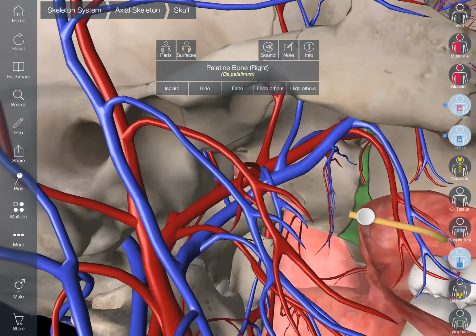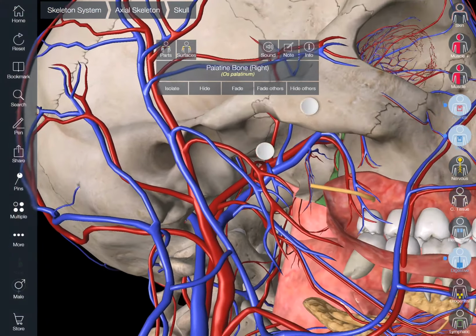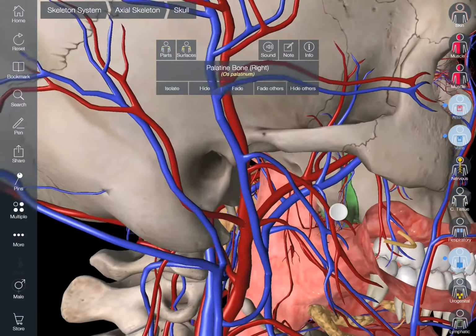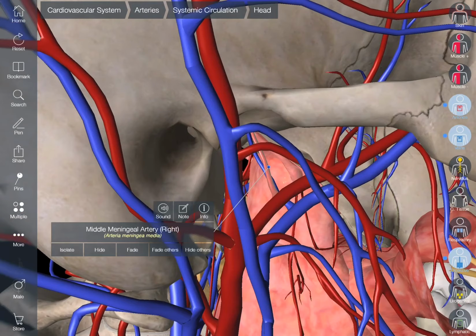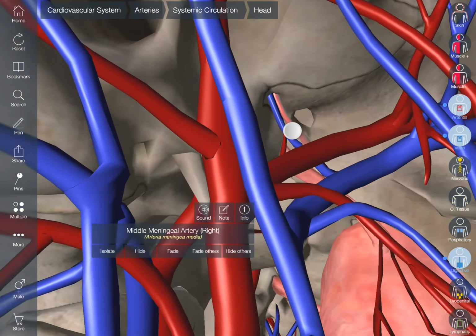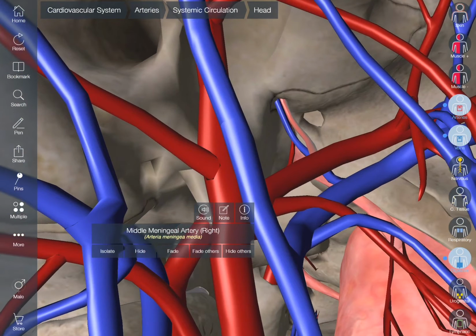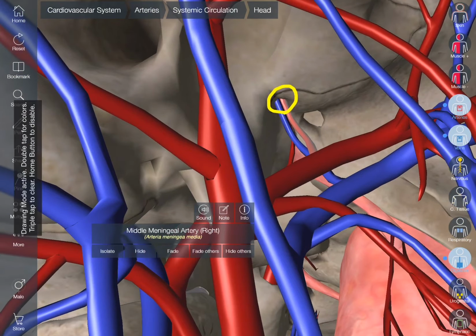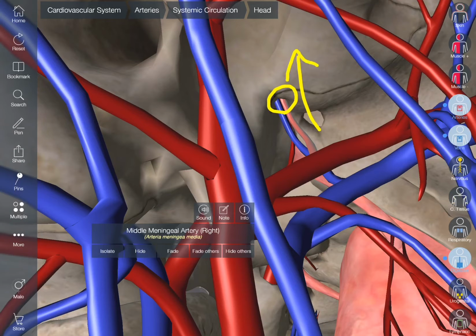Okay, good. So as we said, the middle meningeal artery, which is a branch of the maxillary artery, will pass through the foramen spinosum, which is in the sphenoid bone, and it will go into the cranial cavity, but then it will give off two branches.